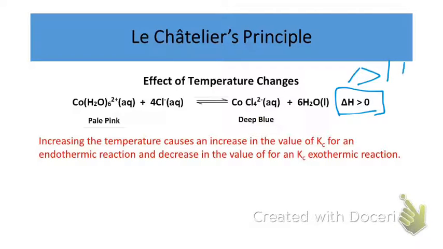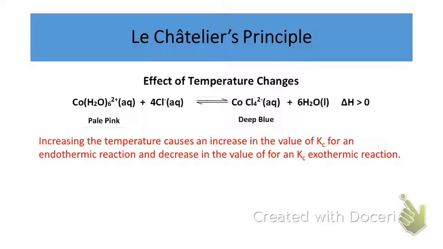So that means delta H is positive, which means that the reaction in the forward direction is endothermic, all right? Now the reverse reaction then, the delta H is going to be negative, or exothermic in the reverse direction. So when you look at the thermodynamics, they're opposite depending on the forward direction and the reverse direction.